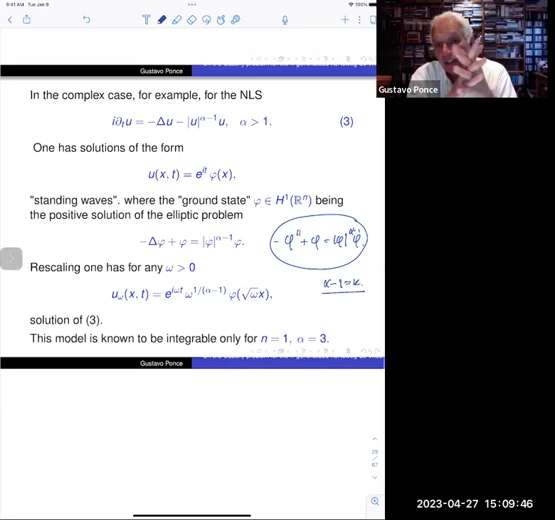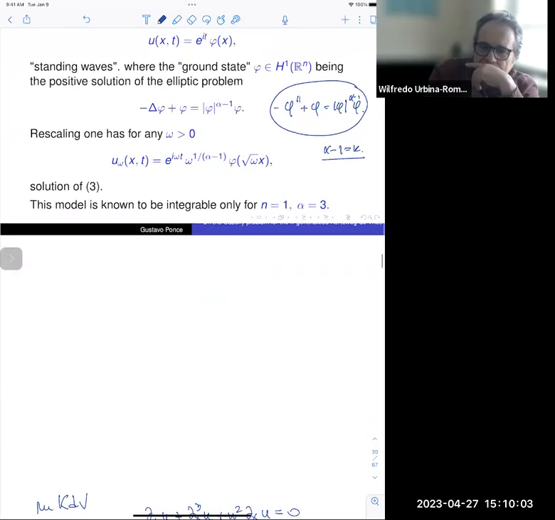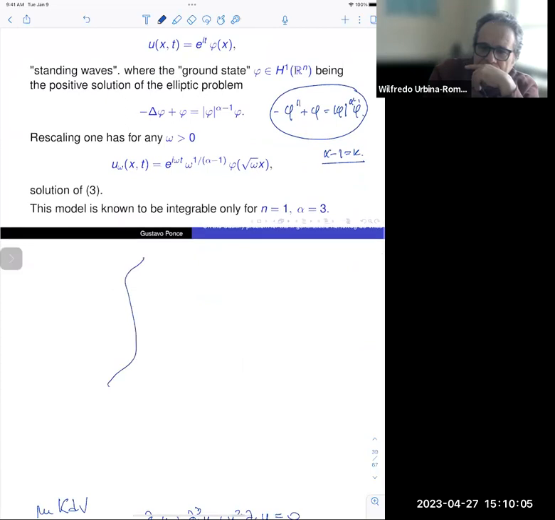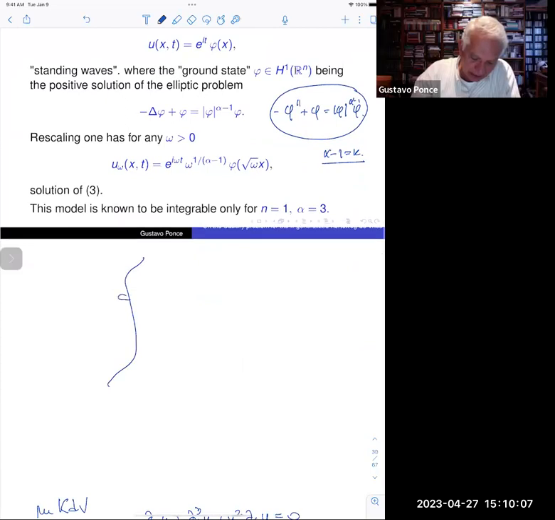The KdV has a lot of applications, even, as I say, in the evolution of a curve, like a filament. For example, you have a curve that is the center of a vortex.